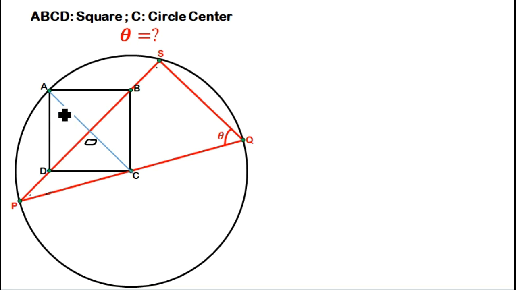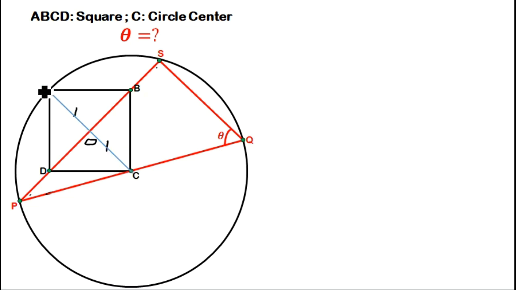Since we don't have any dimension in this diagram, we are going to use ratios, because the point O is the center of the square, meaning from A to O is the same as from O to C. So when we say they are in the ratio 1 to 1 unit, then any line from the center to the circumference of the circle is the radius.